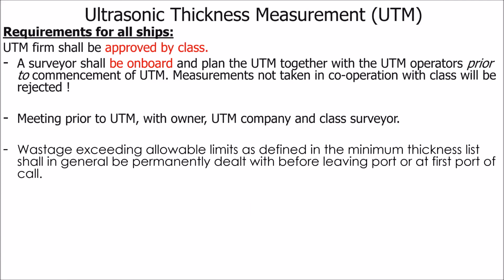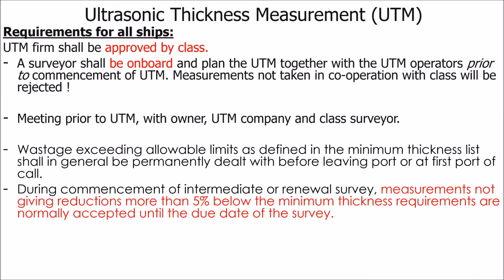Wastage exceeding allowable limits as defined in the minimum thickness list shall in general be permanently dealt with before leaving port or at first port of call. During commencement of intermediate or renewal survey, measurements not giving reductions more than 5% below minimum thickness requirements are normally accepted until the due date of the survey.